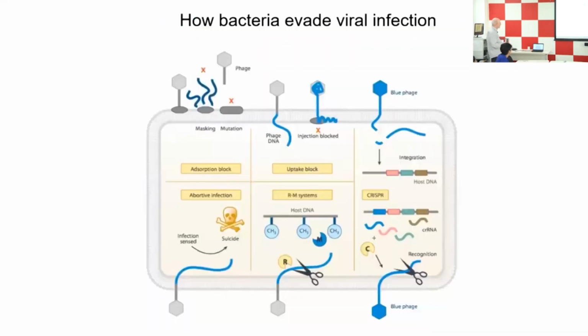Okay, so the idea in this case, and I'm just repeating things that perhaps you have learned in other contexts, is that when a phage invades a bacterium, chances are that it will produce a specific DNA.